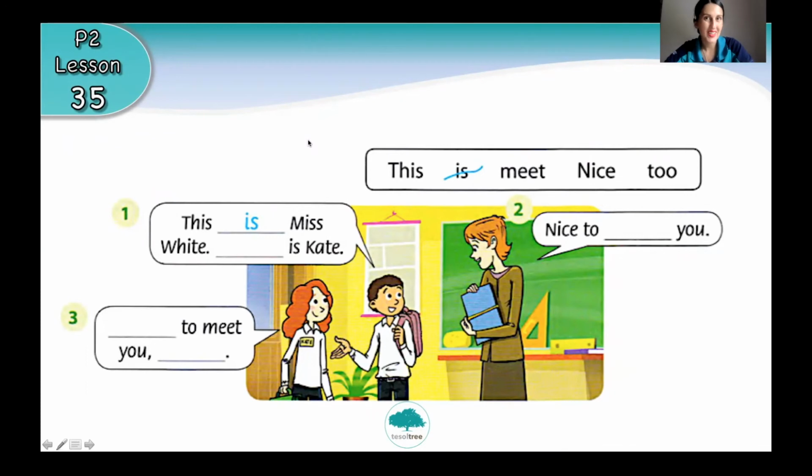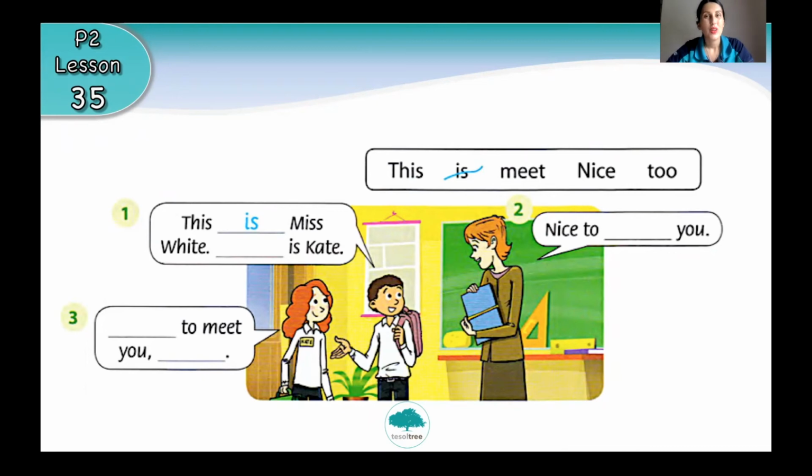Let's get started. Let's have a look at sentence number 1. So we have, this is Miss White. And then we have to choose the beginning for the next sentence. Blank is Kate.